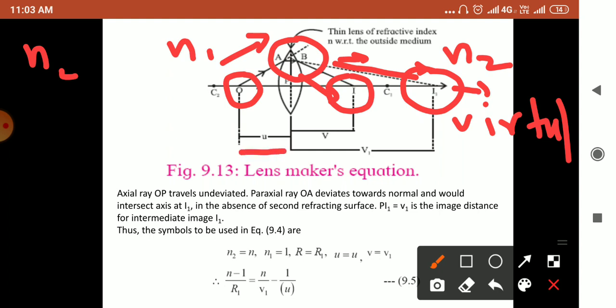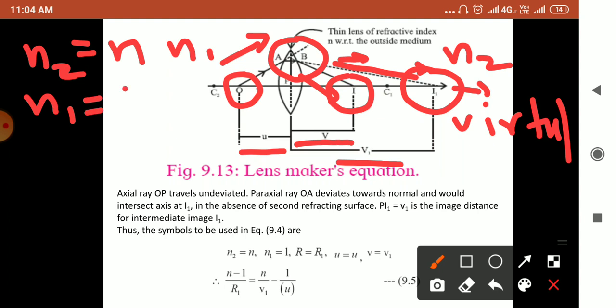Object is placed at the distance U from the pole P and image at I is at the distance V and image at I1 is at the distance V1. So for this we can use the symbols, that is n2 equal to n. n2 is refractive index of the lens, n1 is equal to 1, that is refractive index of rarer medium, that you can say air medium, which is always equal to 1.